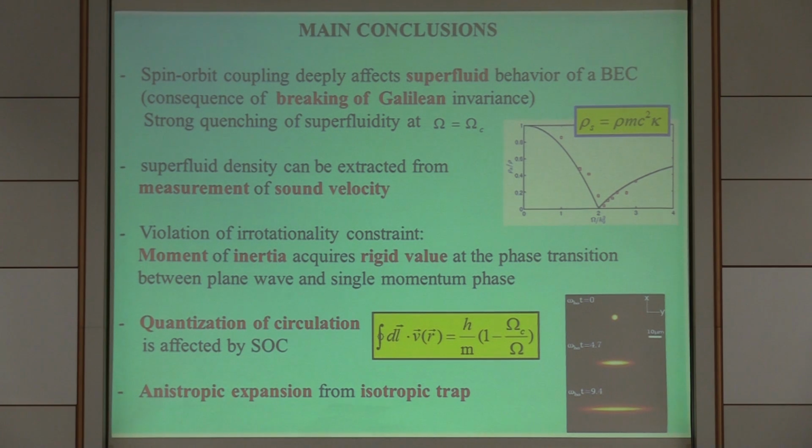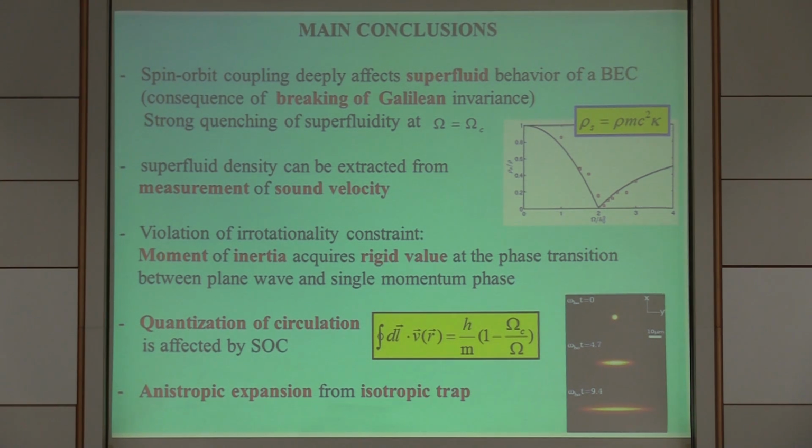But what's interesting is that there are new features of superfluidity, which probably are related also to the physics of superfluid helium-3, as you said. There are phenomena of superfluidity which are, let's say, more exotic with respect to the standard features of irrotational superfluids.